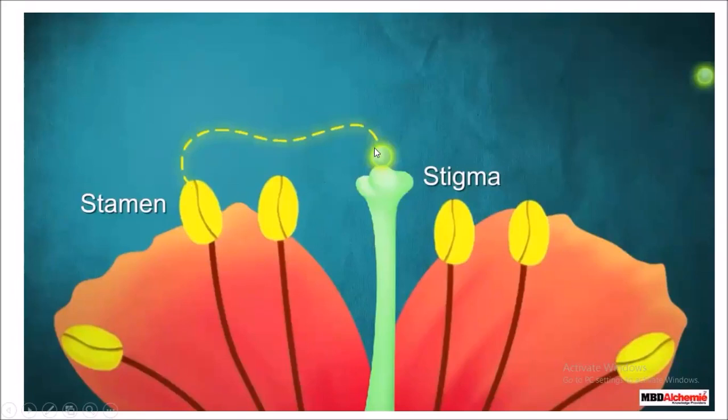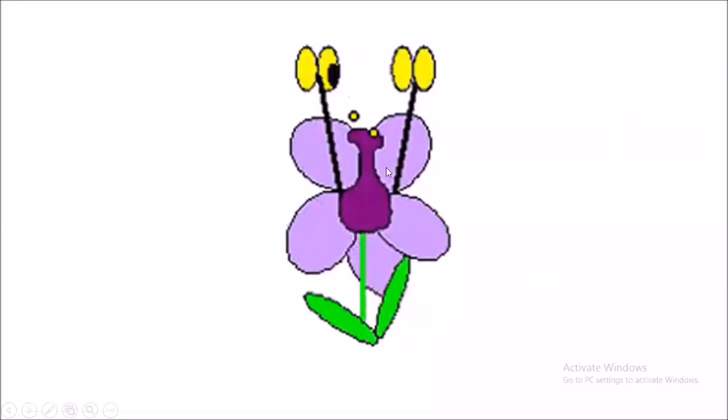You can see how the pollen moved to the stigma, which is this green part. This is the female part, by the way. Here you will see pollen from the male part moving into the stigma, which is the female part, and going through it to form the seeds, or to join the eggs first.